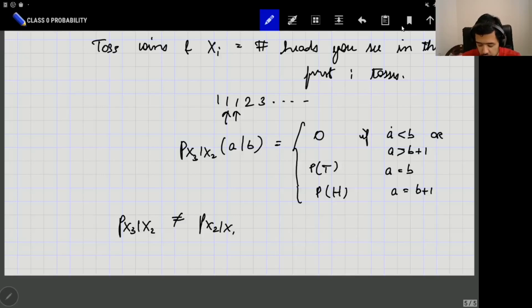So this is indeed a valid Markov chain, but it is not what is called time homogeneous. So p of x3 given x2 is not the same as p of x2 given x1.